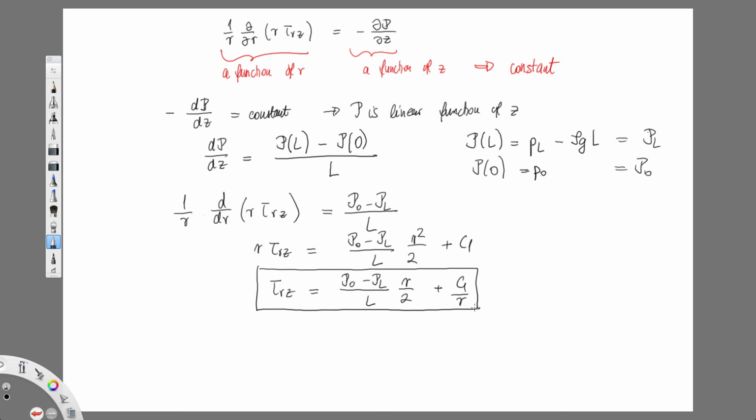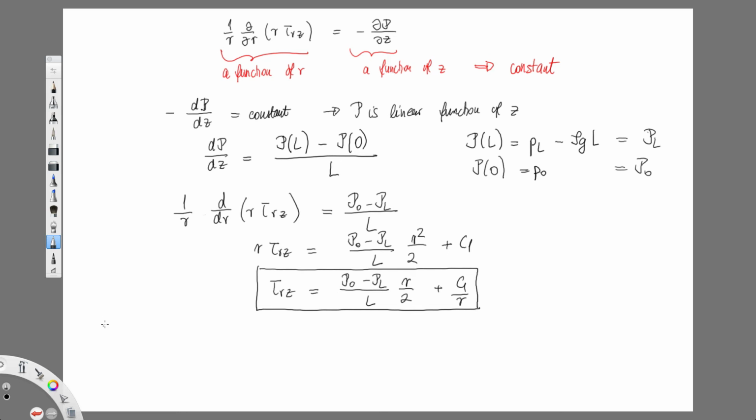It's infinity. Is that physical? Do I expect an infinite shear stress in the middle of a regular tube while having laminar flow at the same time? So it's not physical for us to have this term if I have flow in a tube. Okay?